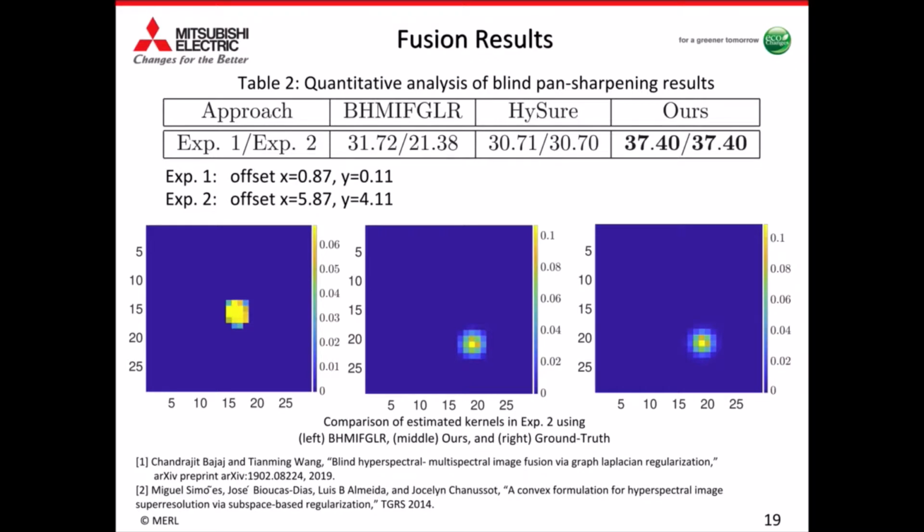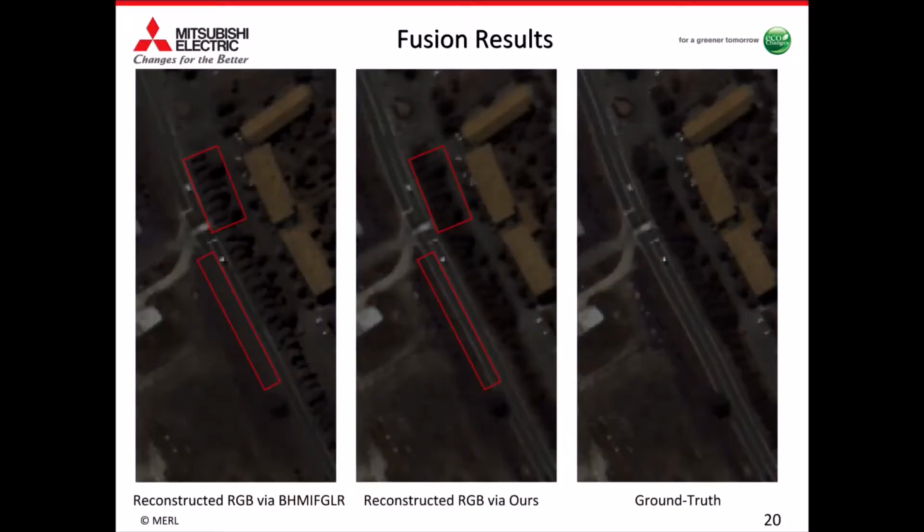This is our zoom-in comparison with BHMIFGLR with small misalignment. We can find that not only do we reconstruct the details of the white line, but we also avoid the fake texture of the trees near the white line to the right, meaning that the ground truth has no textures, but the left image has textures which are fake.